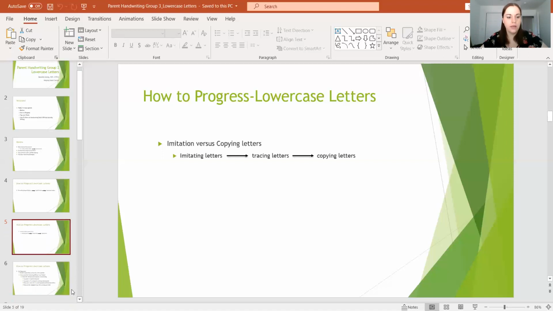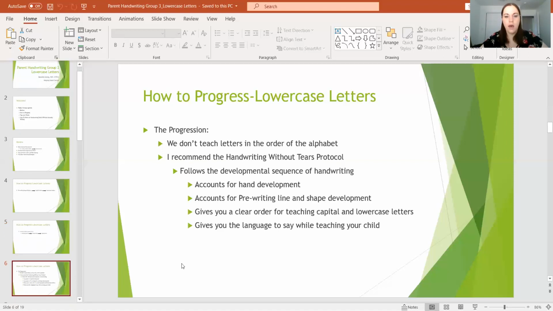So we'll move on to the next slide here. So the progression of lowercase letters, again, this is very similar to capital letters. We don't teach letters in alphabetical order. I use the Handwriting Without Tears protocol, or the umbrella Learning Without Tears program.